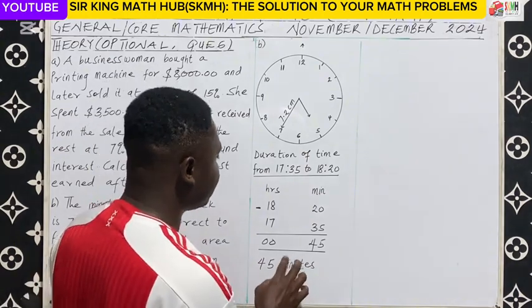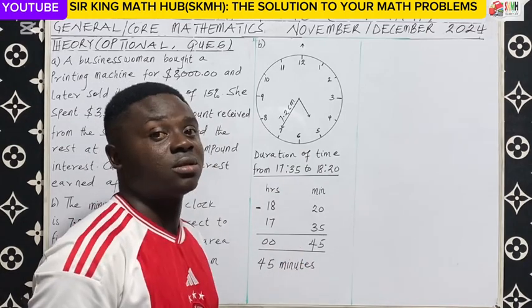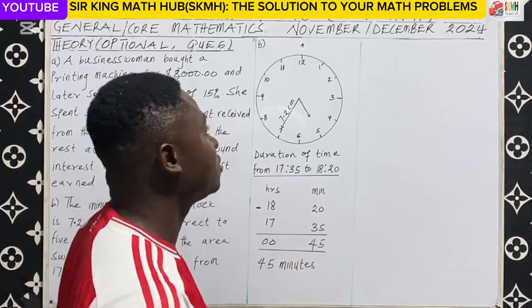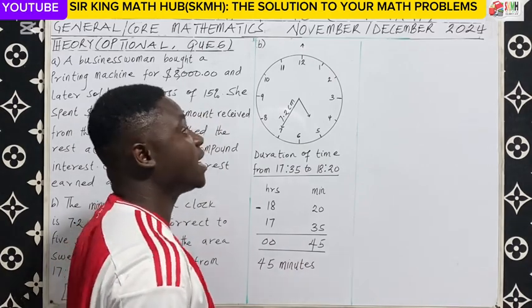But this time, you see that from 17:35 to 18:20, that is not a complete rotation. So now let's convert the 45 minutes into an angle.